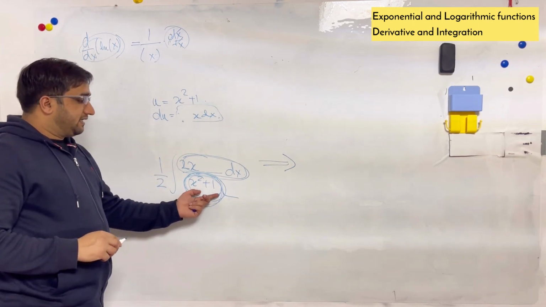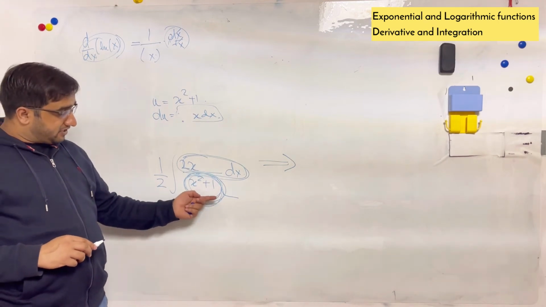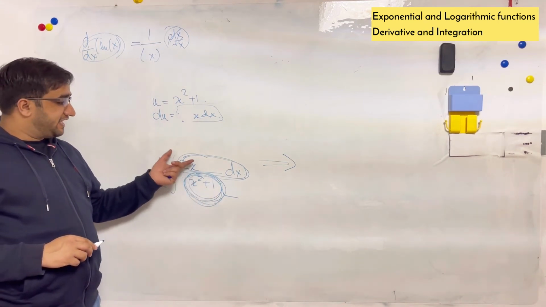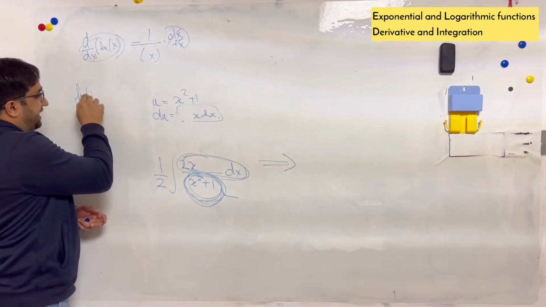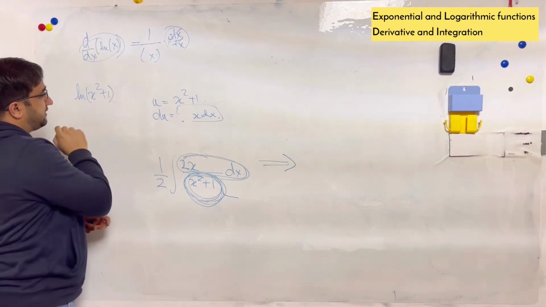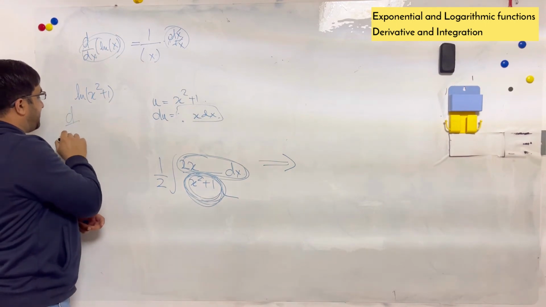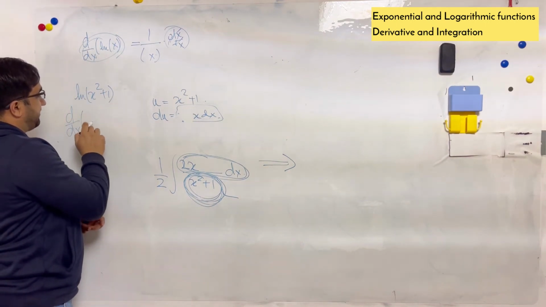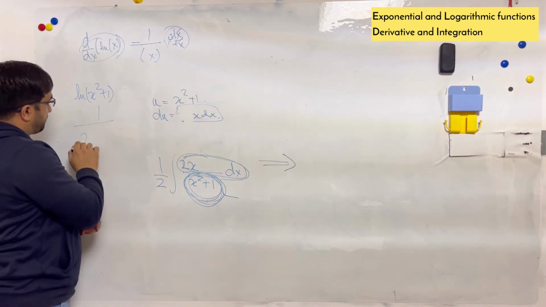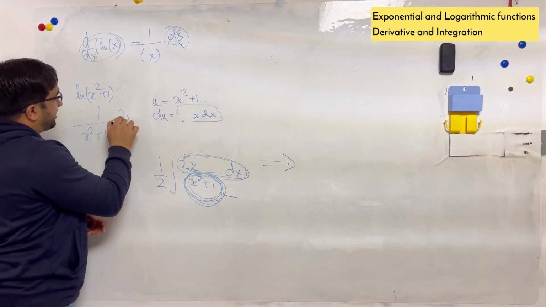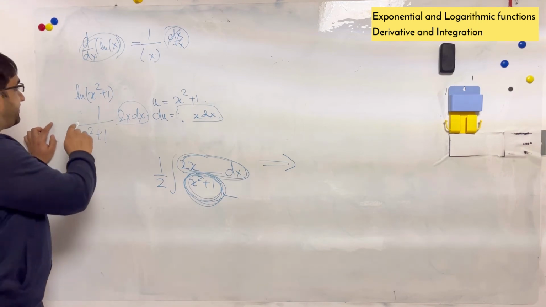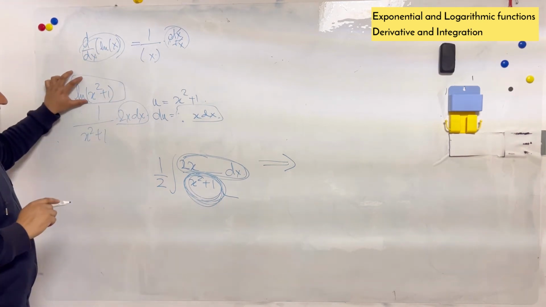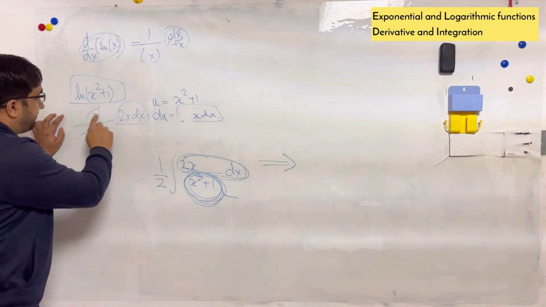It means when we took the derivative of natural log of this, it gave me this function. If I have ln of x square plus 1, then what will be the derivative of this? It will be 1 over x square plus 1 into 2x dx. So originally the function was this, and when we took the derivative, we got this.